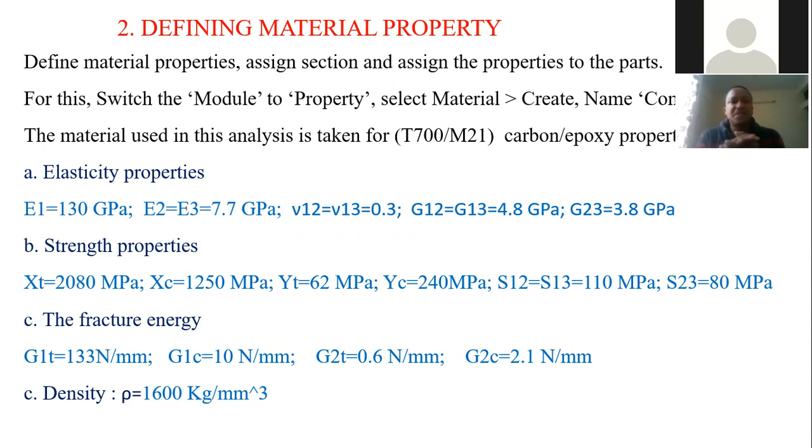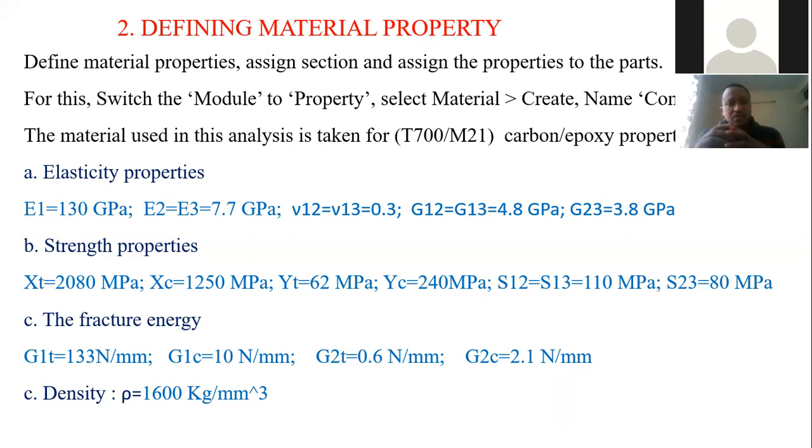But in this case, the material definition is very tricky because the material is not isotropic. It is completely anisotropic, and we have to define different material properties. Also, the failure condition of the composite material is completely different from the failure of isotropic material, so we have to define the failure property, the fracture, the strength properties.